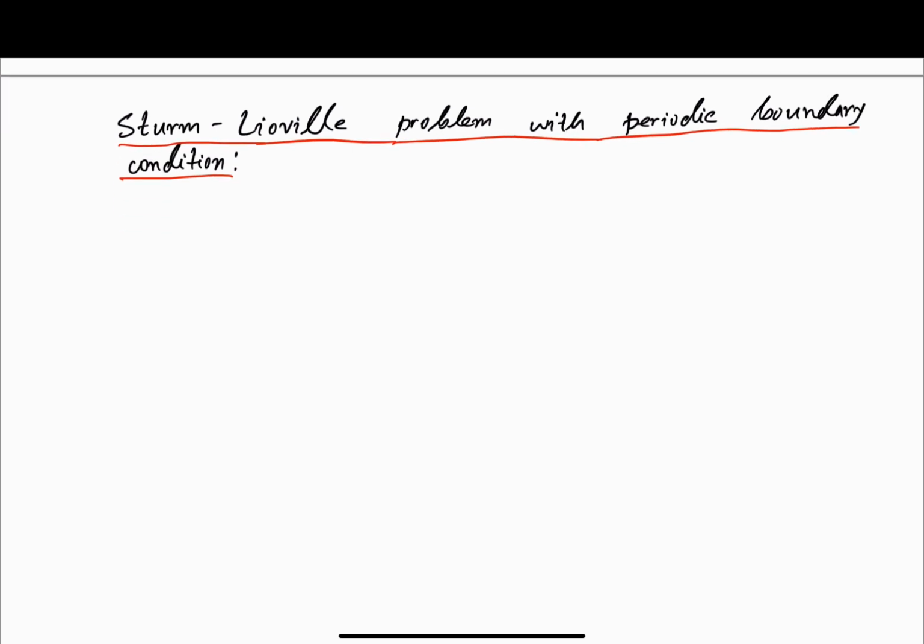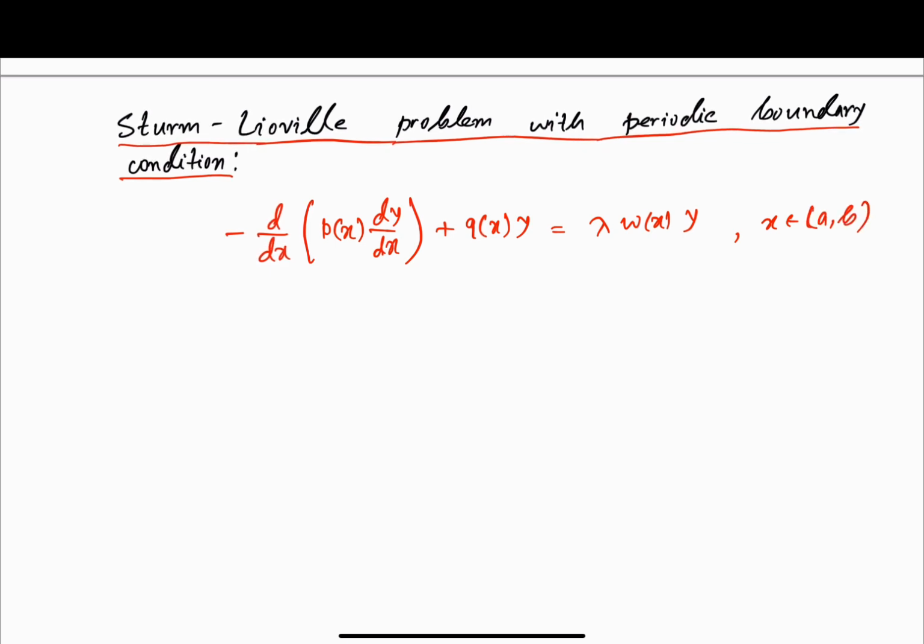Any Sturm-Liouville problem with periodic boundary condition you can write like this: d/dx of p(x) dy/dx plus q(x) y equals lambda times w(x) y, where x is in some (a, b), and the boundary condition is y at a equals y at b, so the difference is 0.